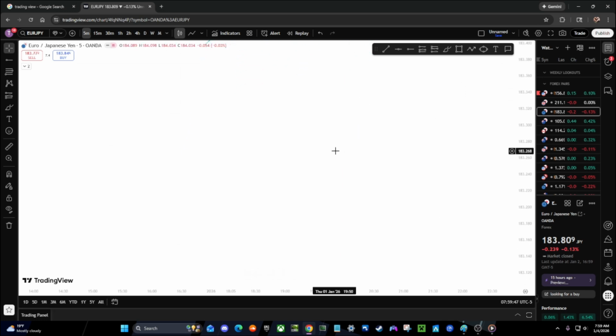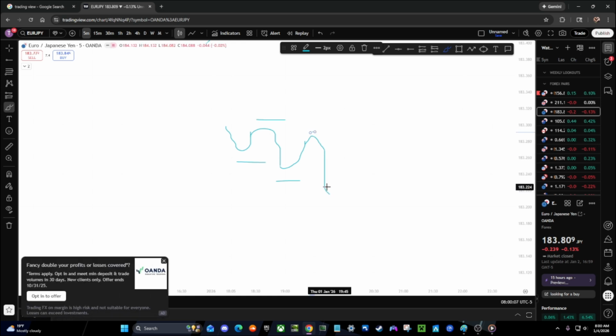And the same analogy can be used with a downtrend. It starts here, it'll go down, create a low, high. Lower low, lower high. Lower low, lower high.